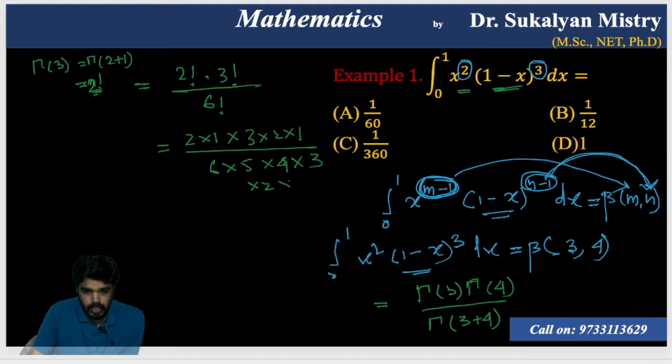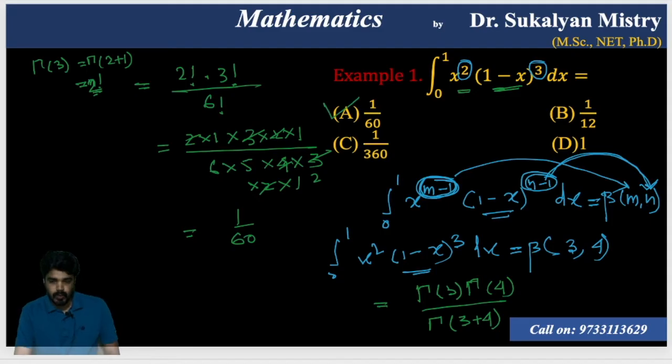So, 3 cancels, 2 cancels, and that leaves 2 over 120, so that is 1 by 60. So, option A is correct. This is a very important technique to solve integrals of this form, x to the power m into 1 minus x to the power n. Okay. So, next example.